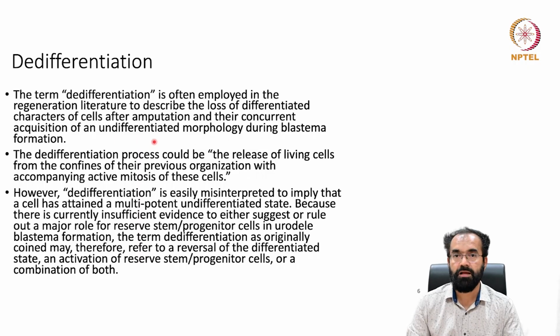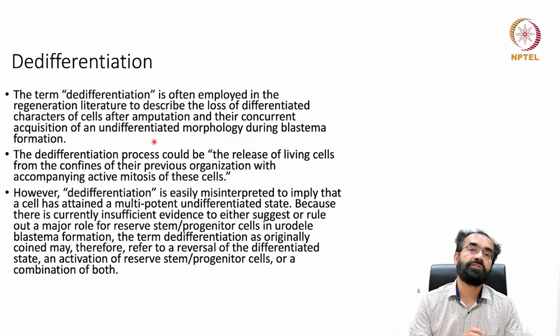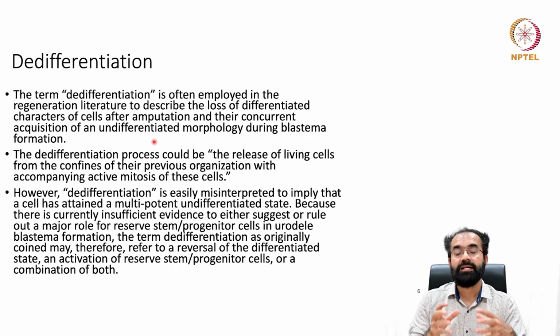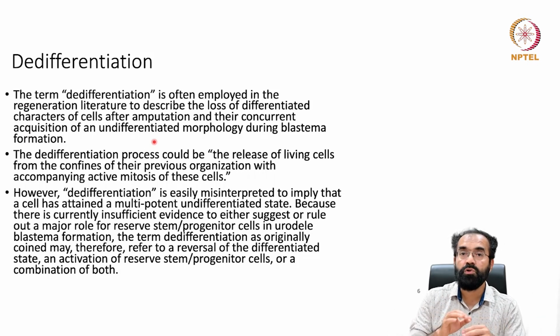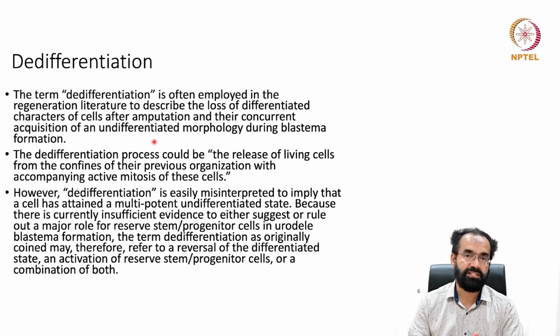So in a nutshell, an existing cell is going back in time, going a few steps behind, so that it loses the existing differentiated character. So it gets dedifferentiated, so that it does not necessarily come back through the same route and give rise to the cell type from which the dedifferentiated cell originated, but it can give rise to another cell type.